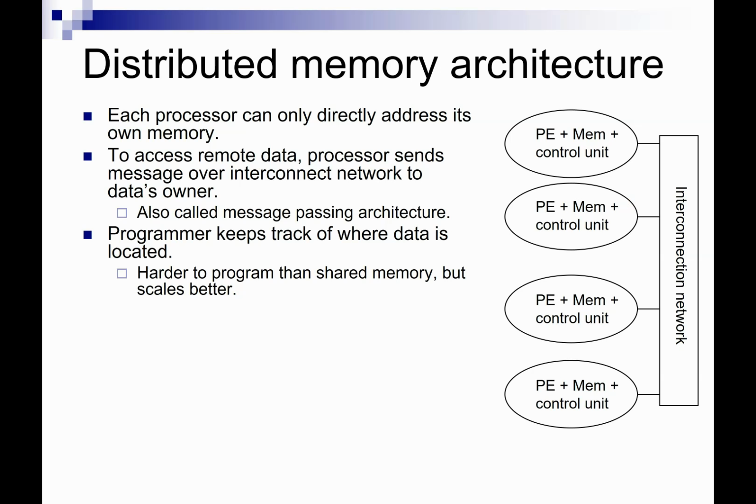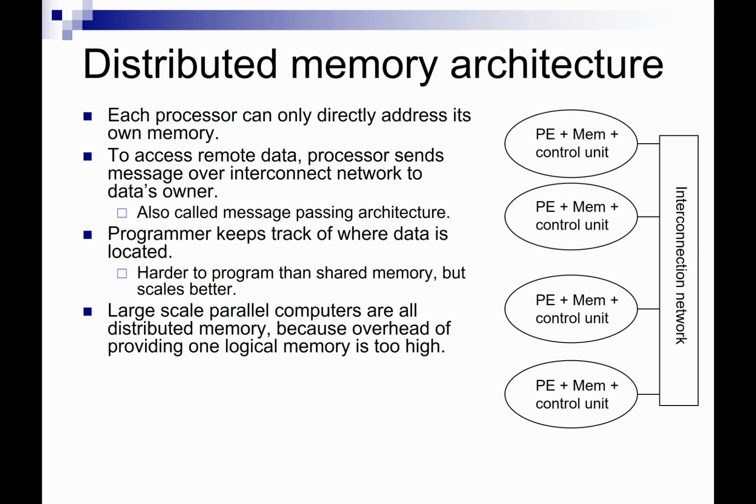Previously, for the shared memory architecture, if you want to access a variable, let's say X, it's always going to be located in that single address space, so the programmer doesn't need to think about where X is. But now, in the distributed memory architecture, if you want to get X, you first of all have to figure out which processor has X. So it makes it much harder for the programmer.